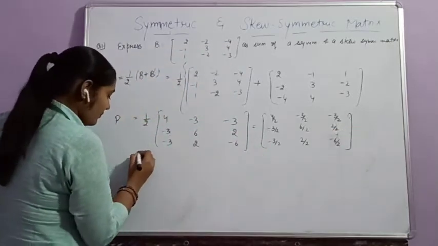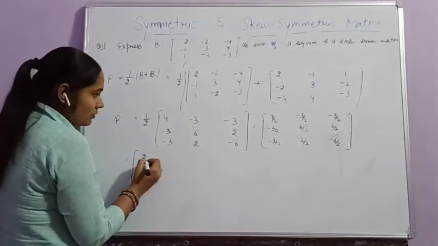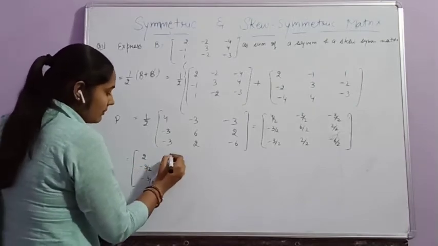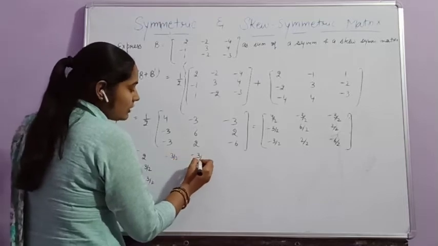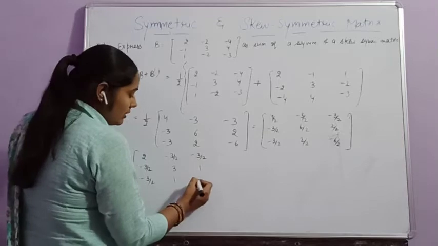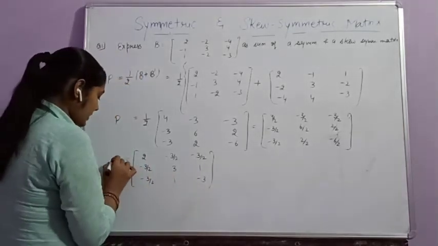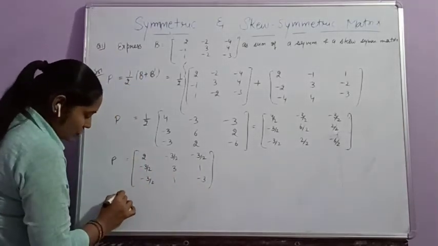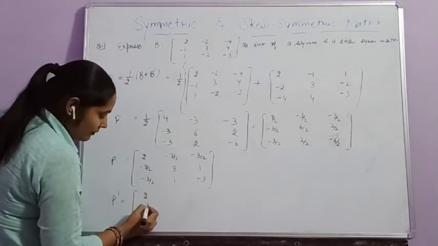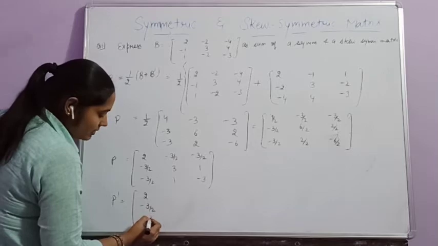That is equal to [2, -3/2, -3/2], [-3/2, 3, 1], [-3/2, 1, -3]. That is P. If we find its transpose, P transpose, the first row is changed into the first column: 2, -3/2, -3/2.